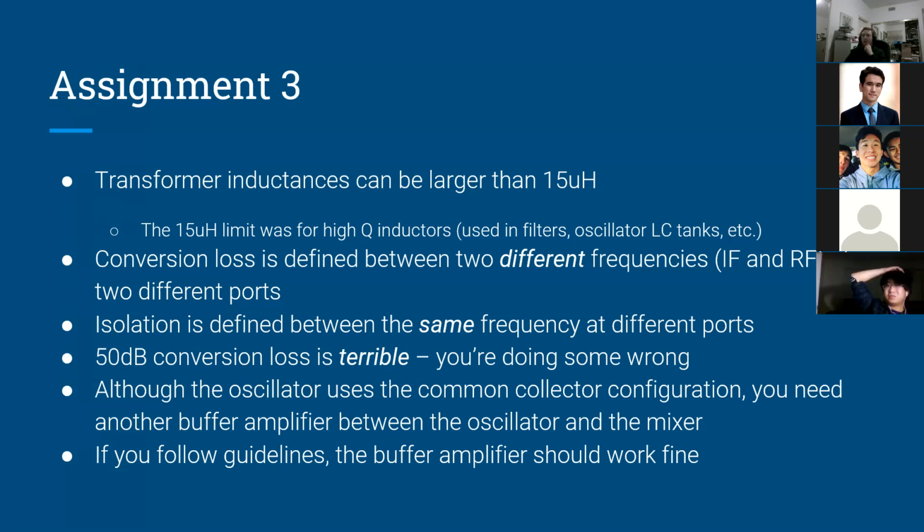So you do need an additional transistor to act as a buffer between the oscillator and the mixer. And also, if you follow the guidelines listed on the assignment regarding the buffer amplifier, then things should work out. So if it's not working out, you should take a look at the way you designed your buffer. You might want to simulate it in isolation from the rest of the circuit.